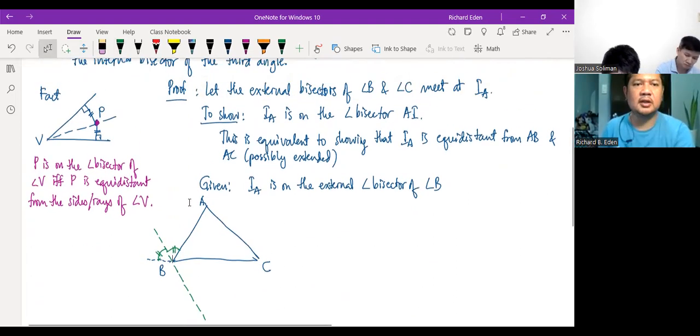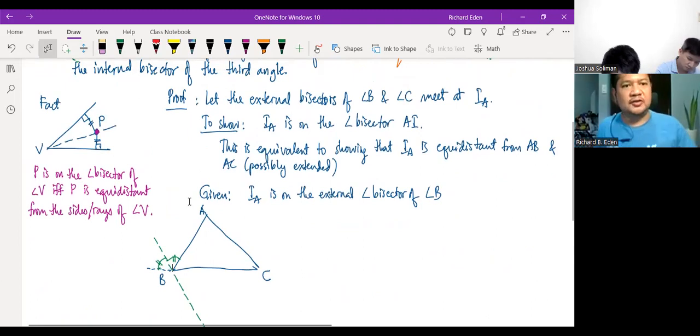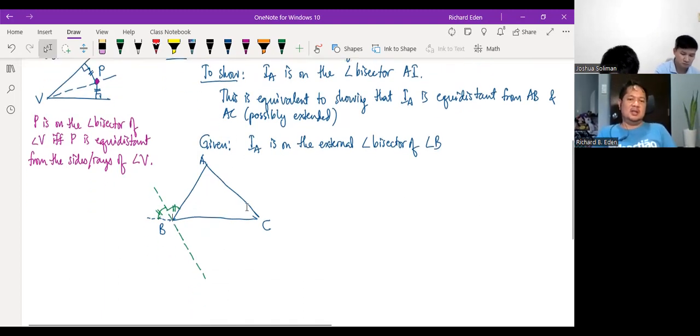We placed our mark here on the left side, written in purple text, what it means for a point to be on the angle bisector of the angle. So, this green segment is an external angle bisector of the triangle, the external angle bisector at B, but it's still an angle bisector.